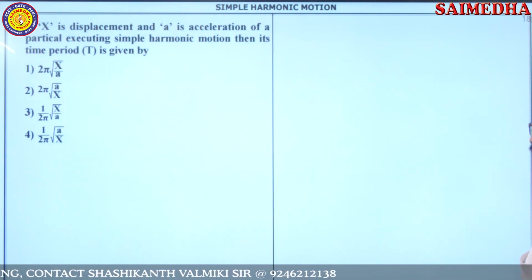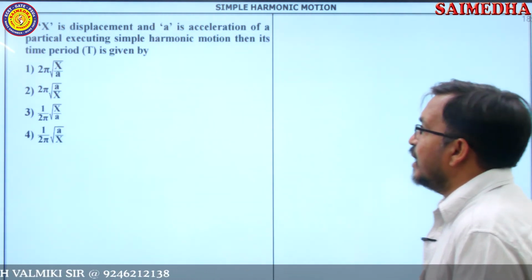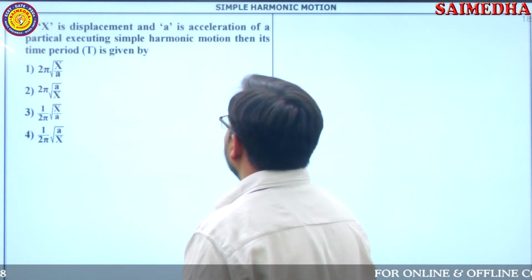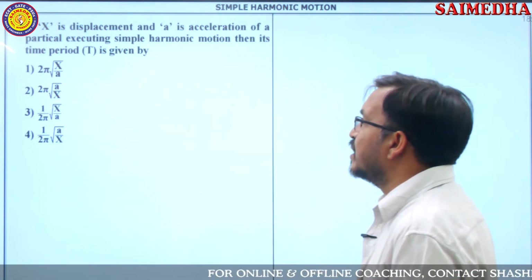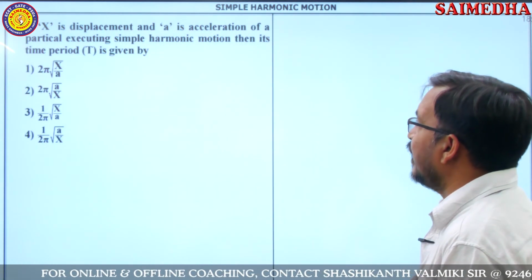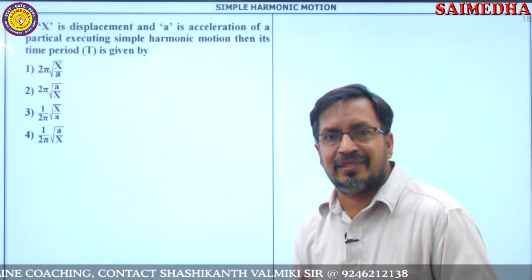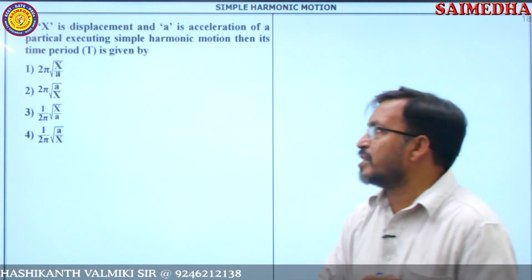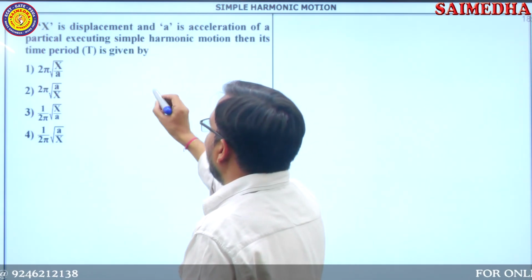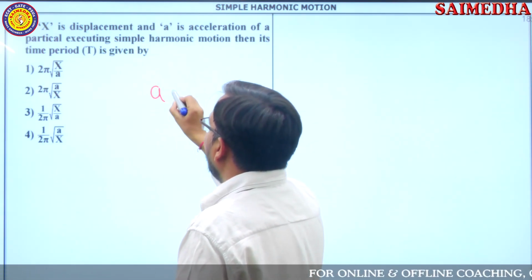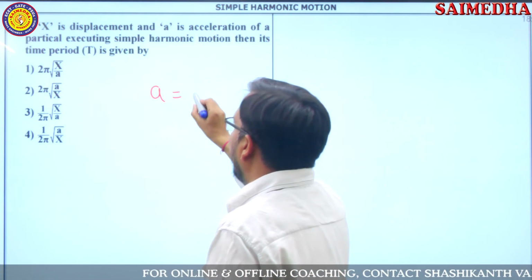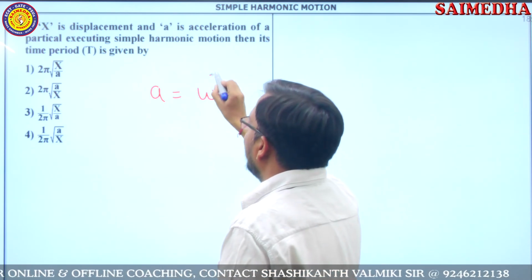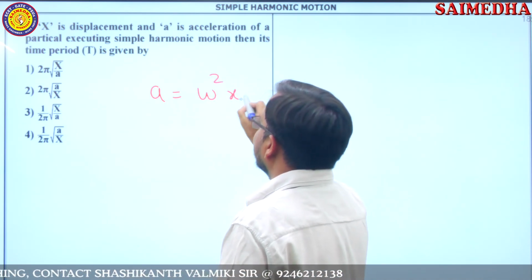Next question I am explaining. If x is the displacement and a is the acceleration of a particle executing simple harmonic motion, then what is its time period? Again the same type of question. Acceleration a equals omega square x.